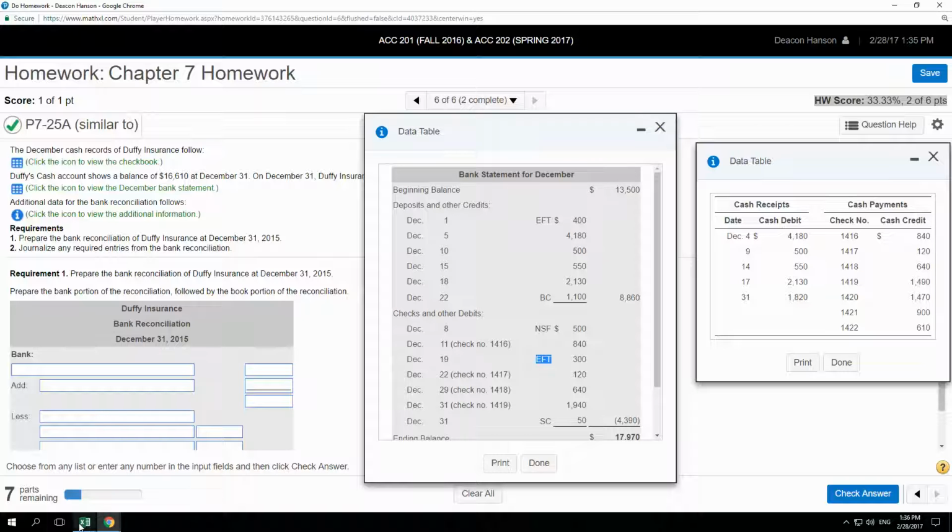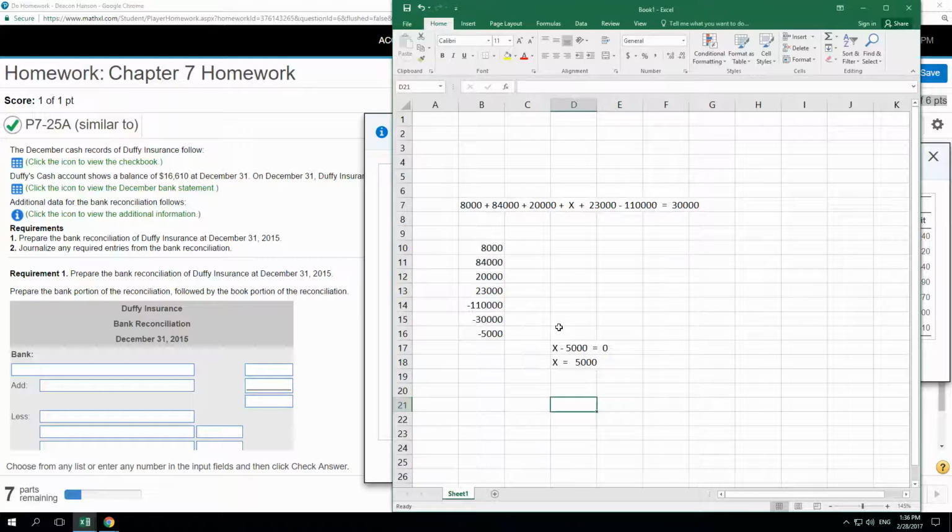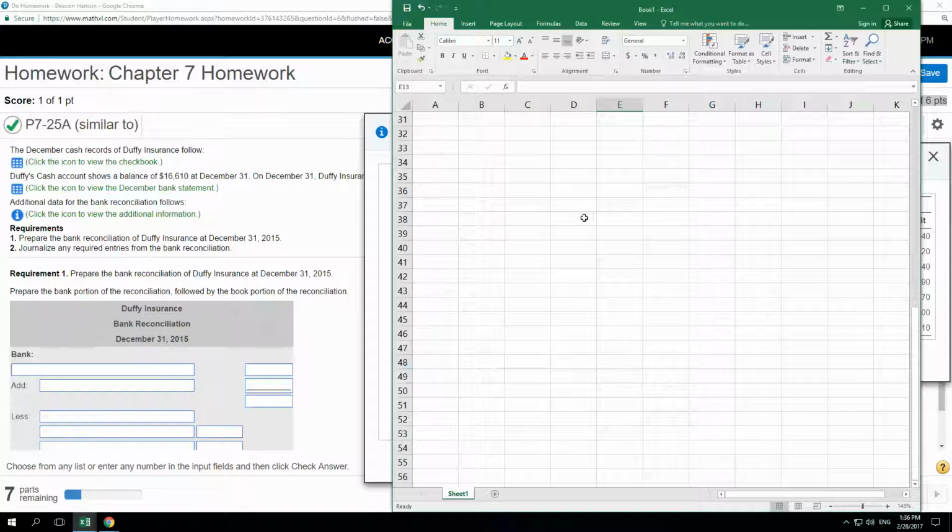So if you were keeping the bank's books, this is what it would look like on the bank's books. It would be a debit to cash, and then a credit to accounts payable, in a nutshell. I mean, they probably have a different payable account that they call it. That's the credit they're talking about right there.